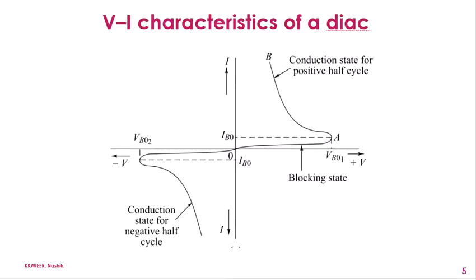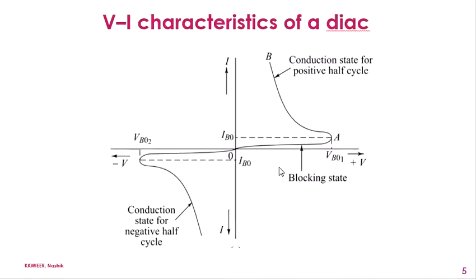During its conduction, the device exhibits negative resistance characteristic. The current flowing through device starts increasing and the voltage across the DIAC starts decreasing. This portion of the characteristic is shown by A to B. This is known as conduction state for positive half cycle.